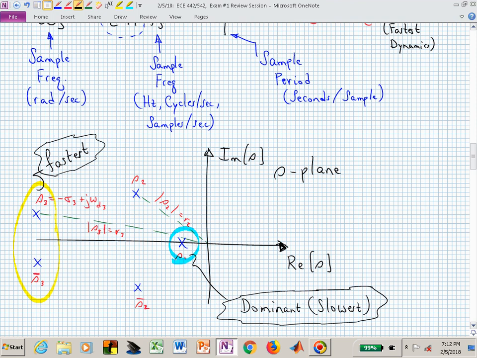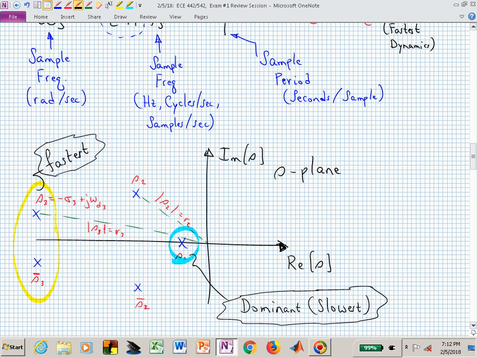The exponential damping on S sub 3 is faster, while S sub 1 lasts longer. It dominates the response. That's what we mean by the dominant pole in this system. It would be S sub 1.